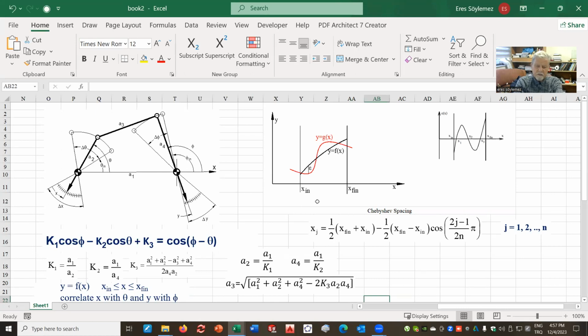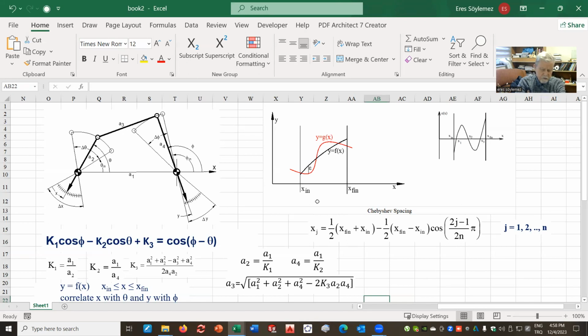And this relation is given by what we call Freudenstein's equation, which was first given by Freudenstein in 1953 and 54. Basically, it is a very simple equation, K1 cosine phi minus K2 cosine theta plus K3 is equal to cosine phi minus theta, where K1, K2, K3 are related with the link lengths as shown.